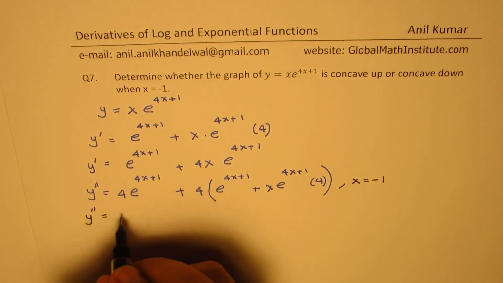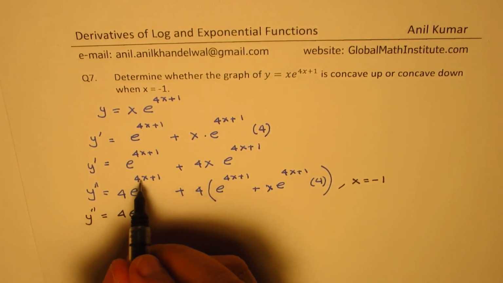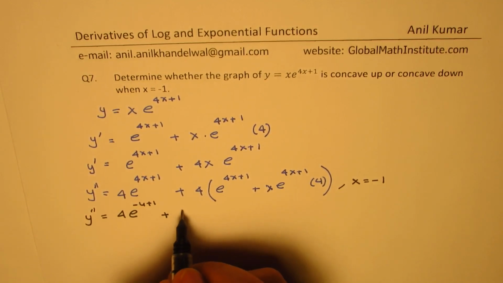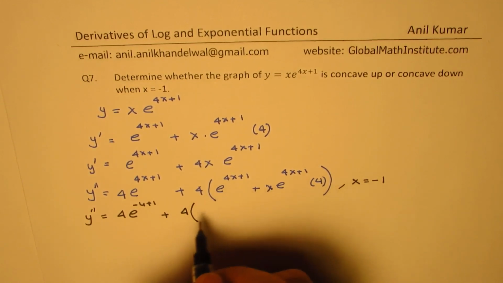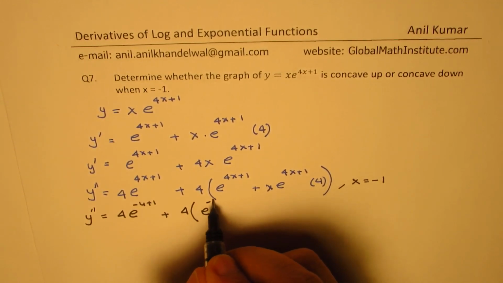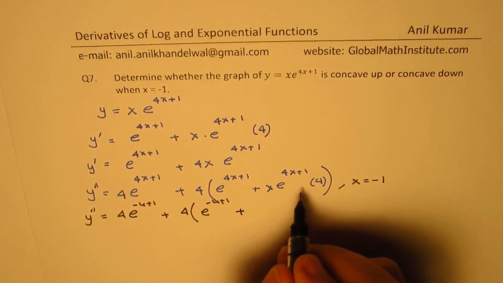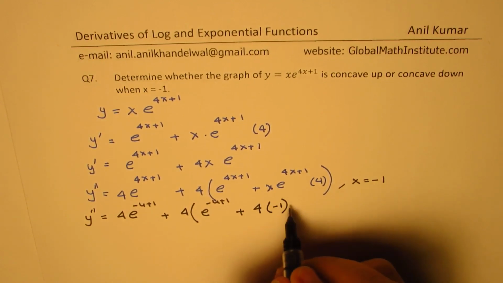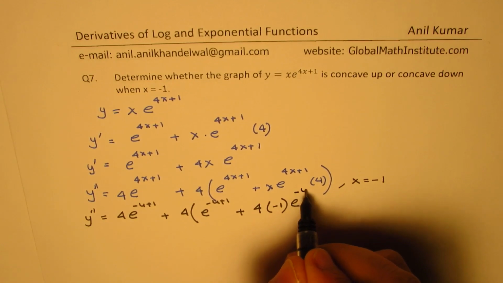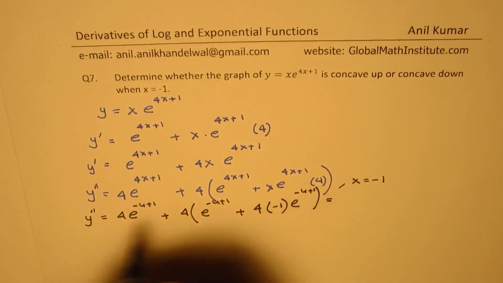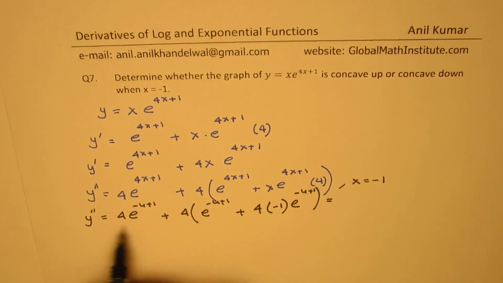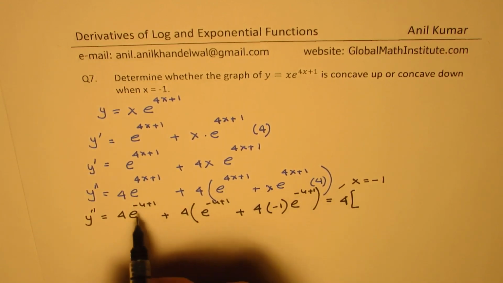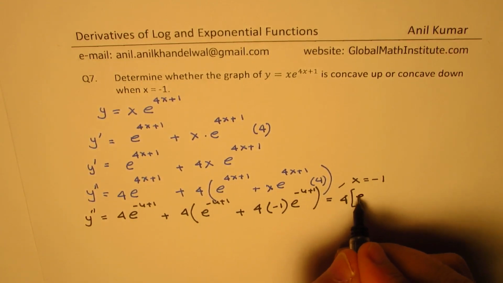The second derivative will be 4 e to the power of (-4 plus 1), plus 4 times 4 within brackets, e to the power of (-4 plus 1), plus 4 times x, which is -1, e to the power of (-4 plus 1), correct? So we get 4 as a common factor, and e to the power of -3.